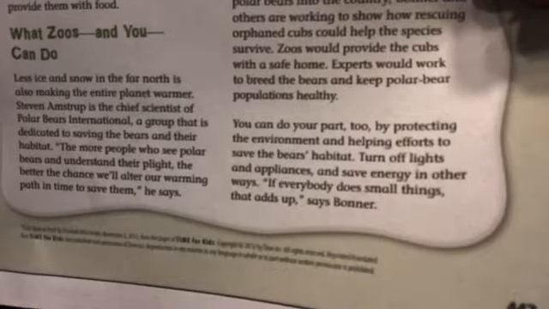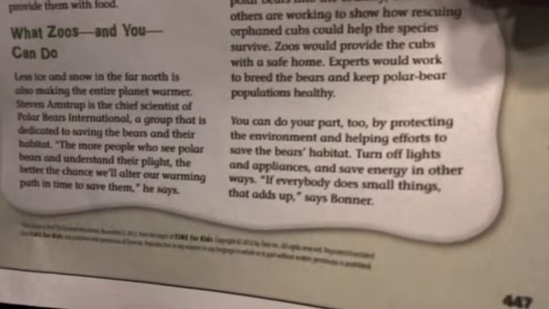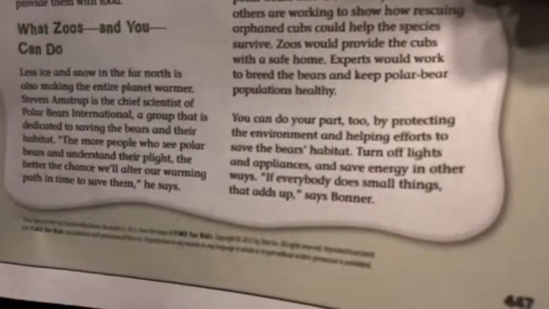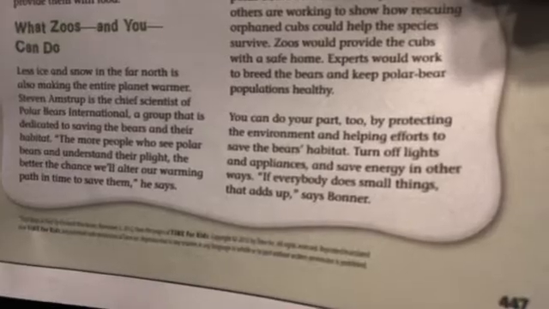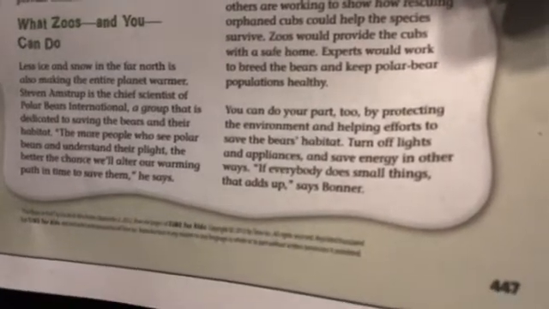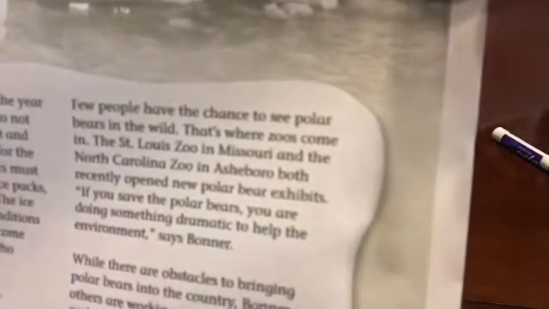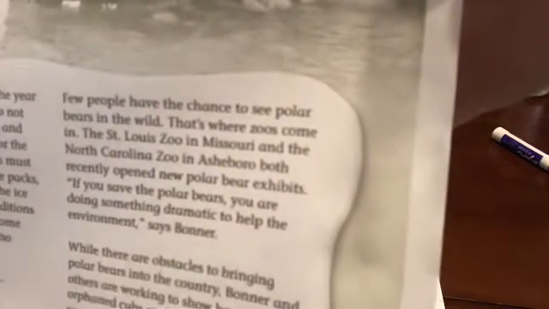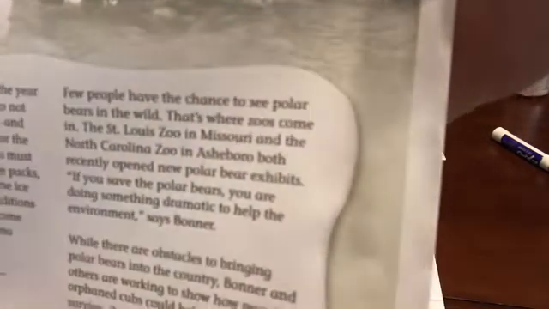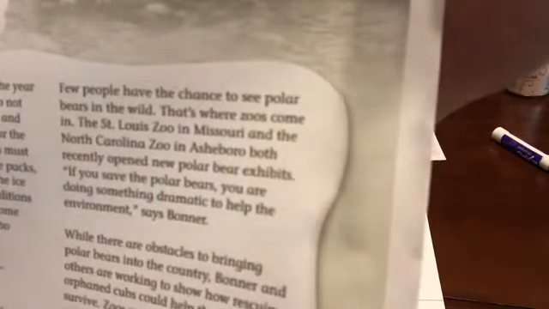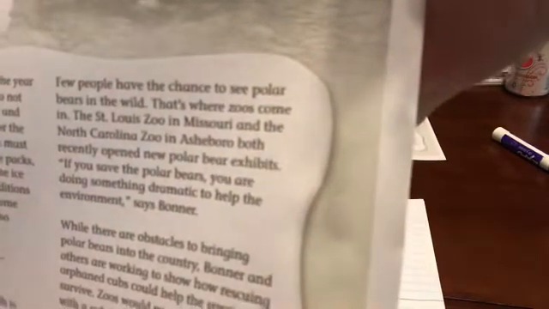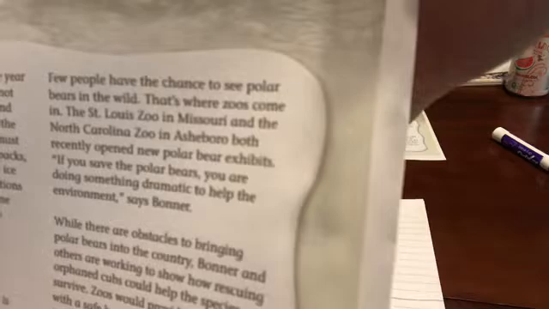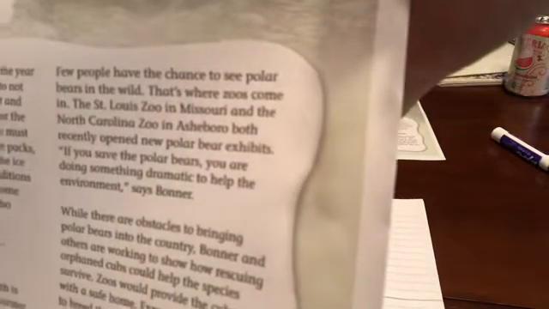The more people who see polar bears and understand their plight, the better the chance we'll alter our warming path in time to save them, he says. Few people have the chance to see polar bears in the wild. That's where zoos come in. The St. Louis Zoo in Missouri and the North Carolina Zoo in Asheboro both recently opened new polar bear exhibits.